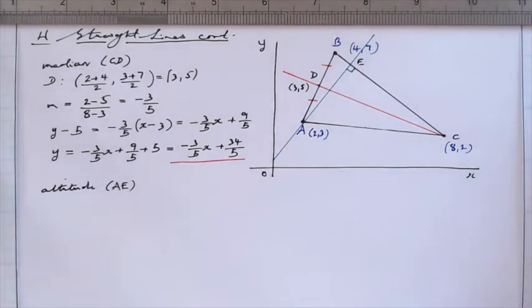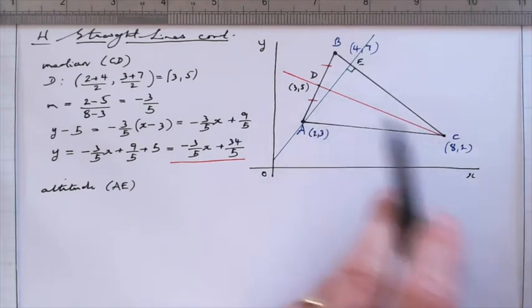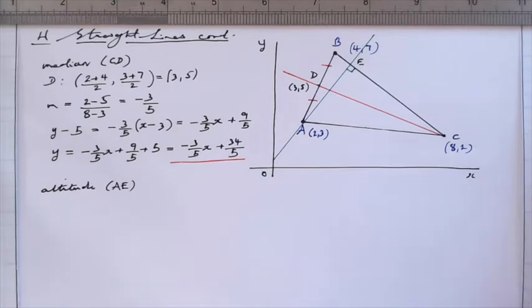Now, let's see. We know to calculate the equation of a straight line, we can do it if we have 2 points, which we just did when we were doing the median, or if we know the gradient and 1 point.